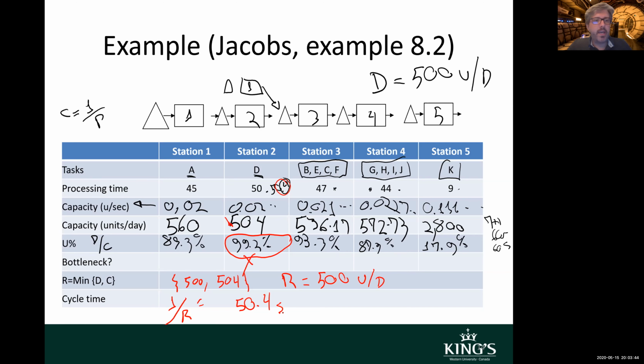So how did we get to this number? Have we seen 50.4 seconds before? Does this mean anything? Is it a little bit circular, maybe? So what is going on?